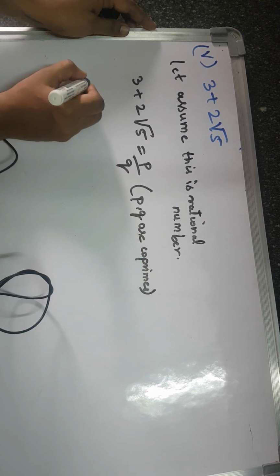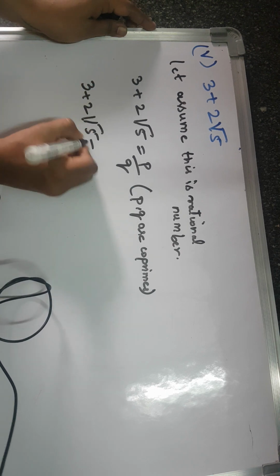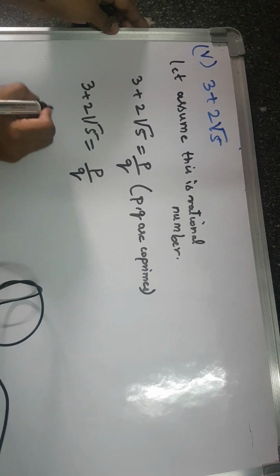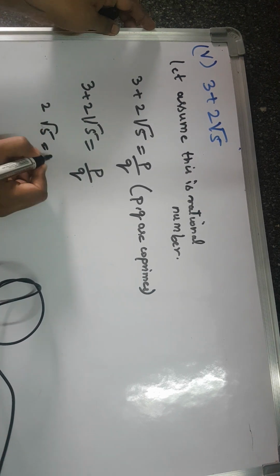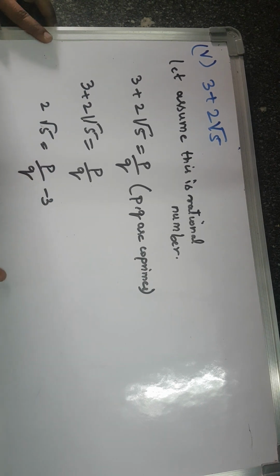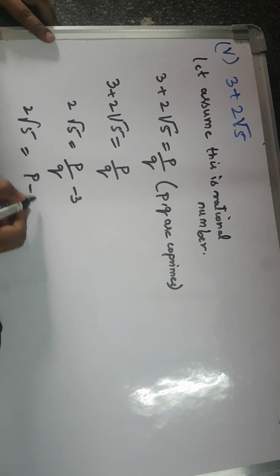Take 3 plus 2 root 5 equals p by q. Take 3 to this side, plus 3 becomes minus 3, p by q minus 3. Take the LCM, p minus 3q by q.